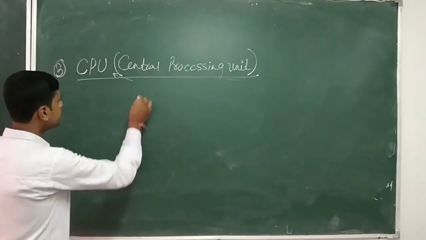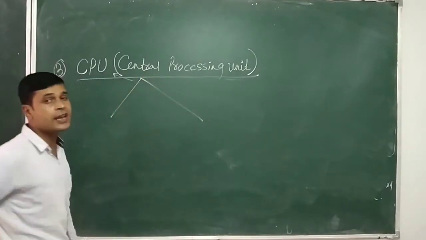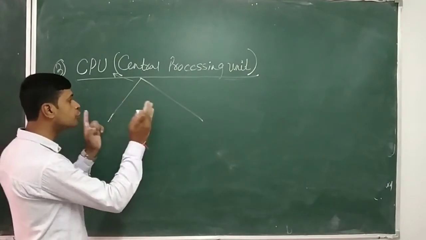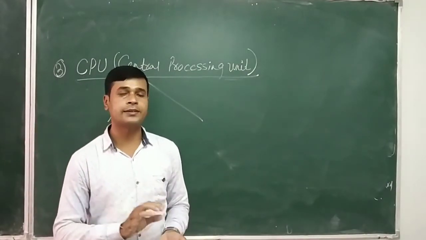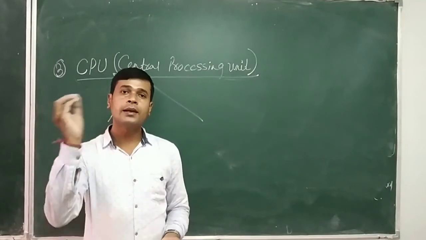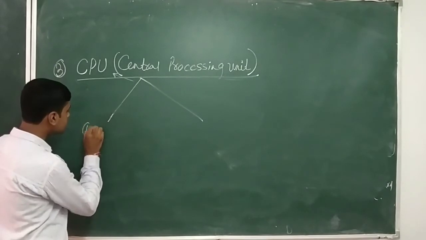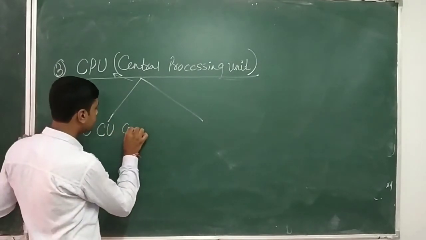Okay, so the CPU mainly has two sub units. With the help of these two units, it controls all the devices. It controls and it also directs. So number 1, CU means control unit.